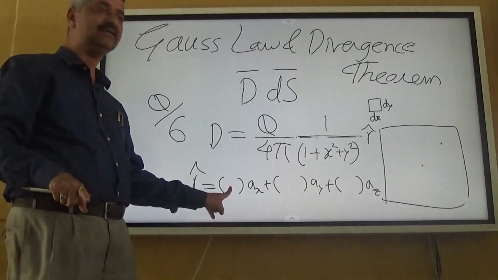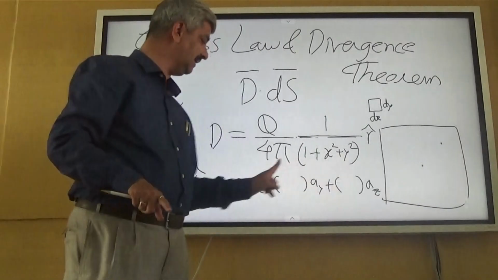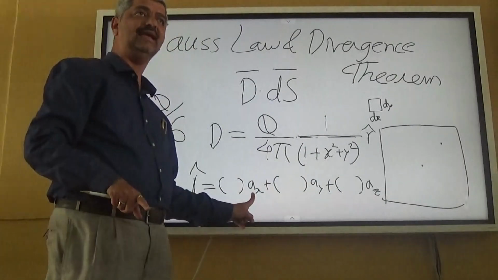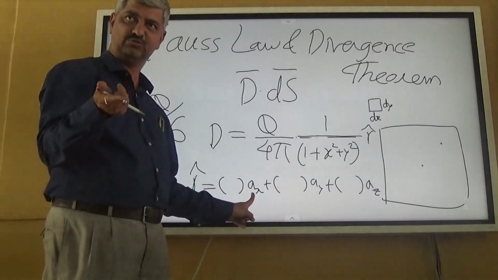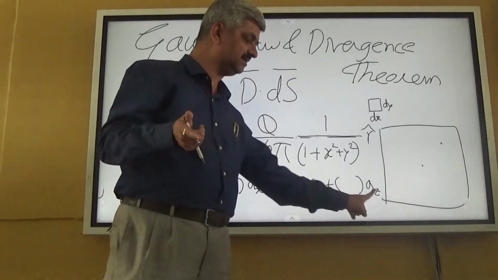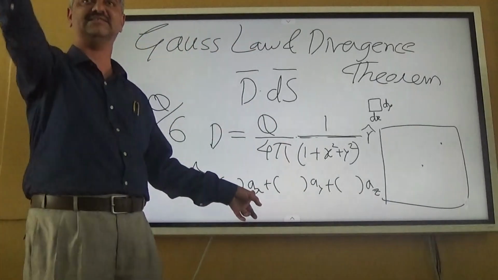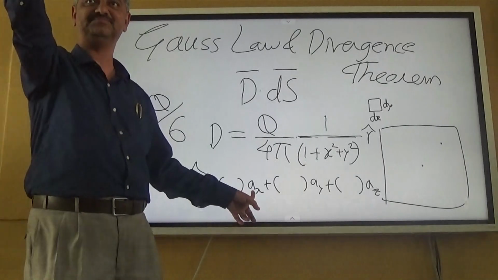Something into ax plus something into ay plus something into az, where ax is unit vector in x direction, or I म्हणतो आपण. This is unit vector in y direction, this is unit vector in z direction. त्याला आपण ax म्हणतो. तुम्ही मल्टिपल ठिकाणचं बघत असाल तर काही ठिकाणी I असेल, काही ठिकाणी x कॅप असेल.